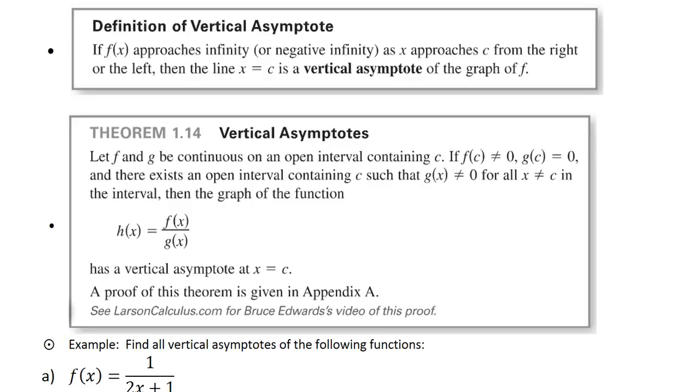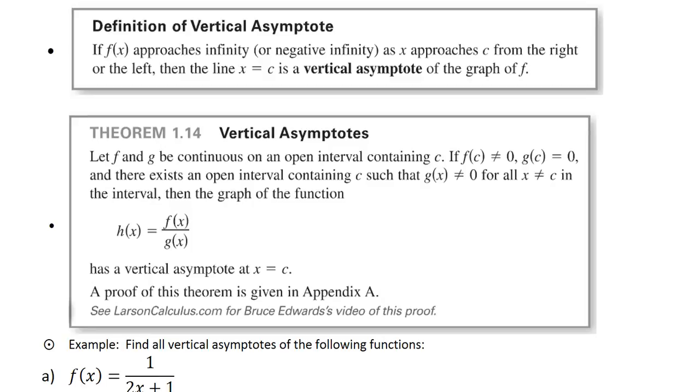So if we're looking for a vertical asymptote, it's most likely going to be either a rational function or some particular trig function that has a denominator, like tangent equals sine over cosine. The denominator would be considered to be a cosine, so it would come from that.